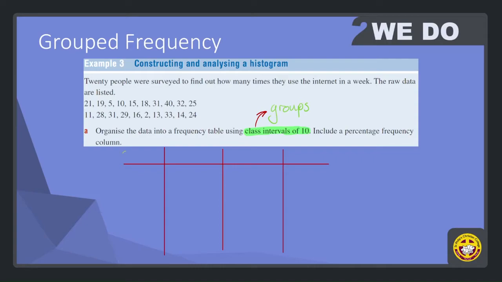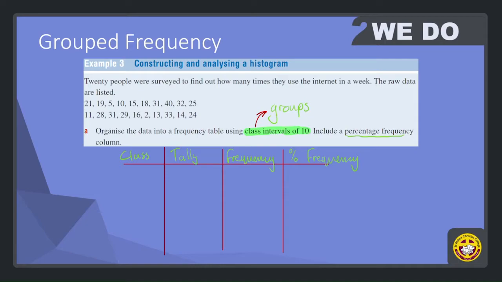You'll see the word class and group used interchangeably in this unit. We're still going to have a tally column, and we're still going to have a frequency column. And this last column is going to be percentage frequency. I'm just going to draw the percentage symbol. Right, I'll show you how to work that one out when we get there.